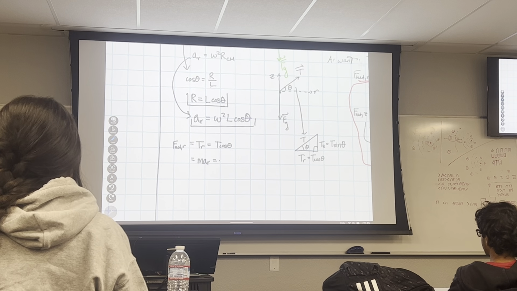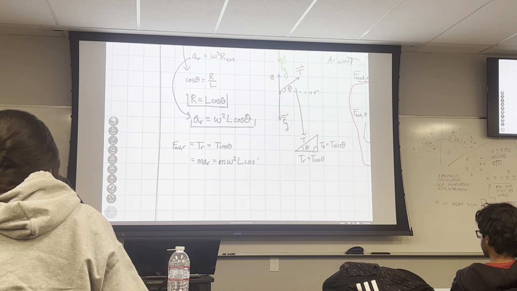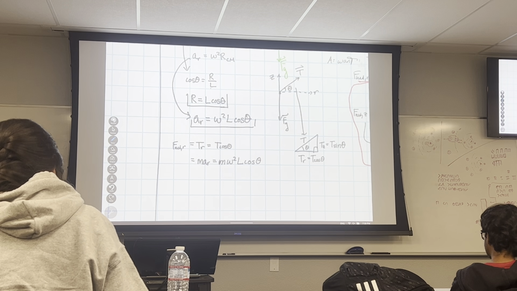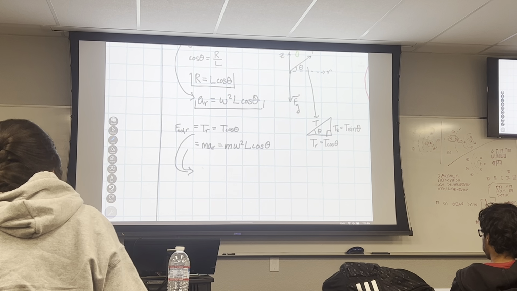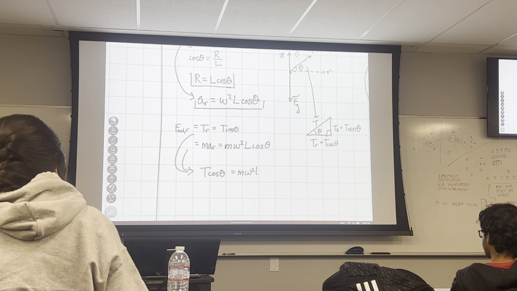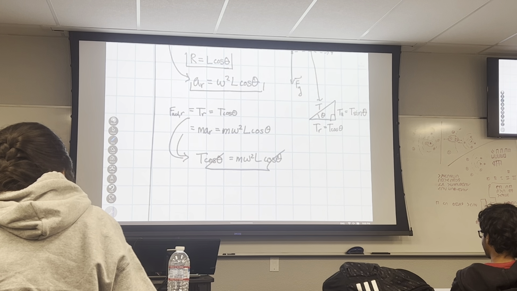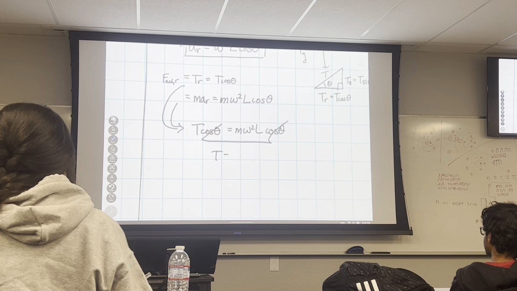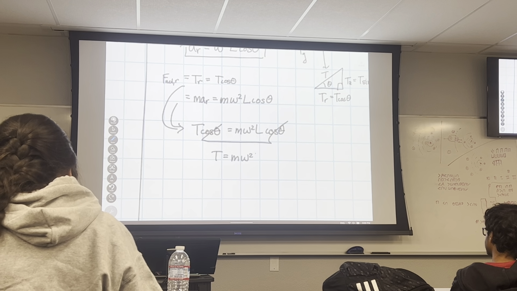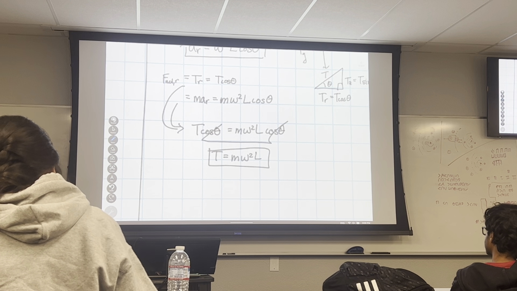So it's m omega squared L cosine of theta. Plugging both together, T cosine of theta is m omega squared L cosine of theta. Now the cosines cancel. T is equal to m omega squared L. And this looks much simpler.